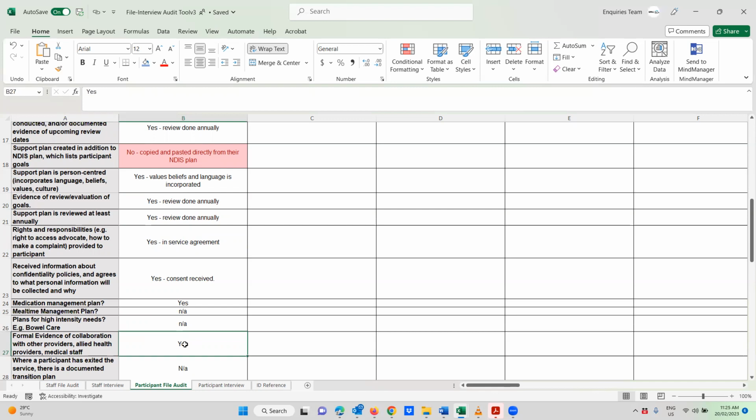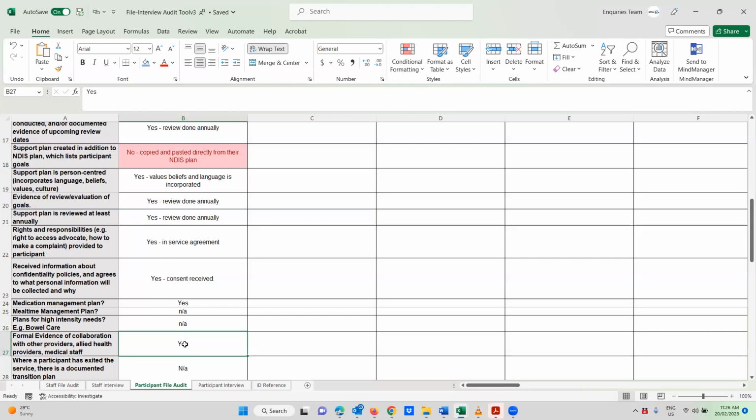What we want to see is collaborative work with other providers, and we need to record what happens in those collaborative sessions. So minutes of the meetings where you've collaborated with people. It's easy to make a collaboration template. It's just like a meeting minutes template, and it is of benefit to the client that you all work together, not work separately.